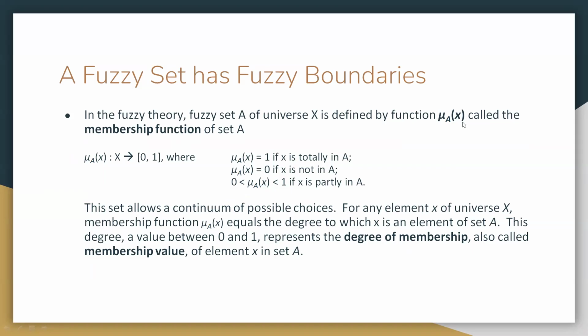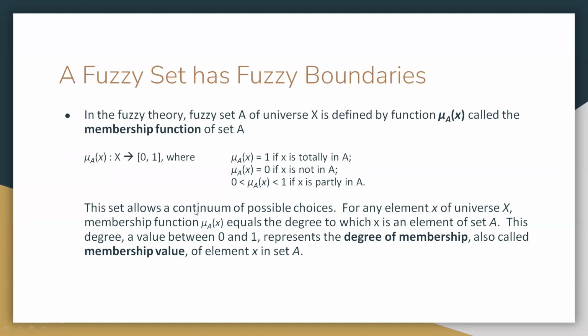So mu of A for the element small x, such that the membership function of set A is given by the interval [0, 1], where mu of A of x is 1 if x is totally in A, and it is 0 if x is not in A. But if it is between 0 and 1, that means x is partly in A, or you can say a partial membership inside A. So that is how you define a membership function of a fuzzy set.